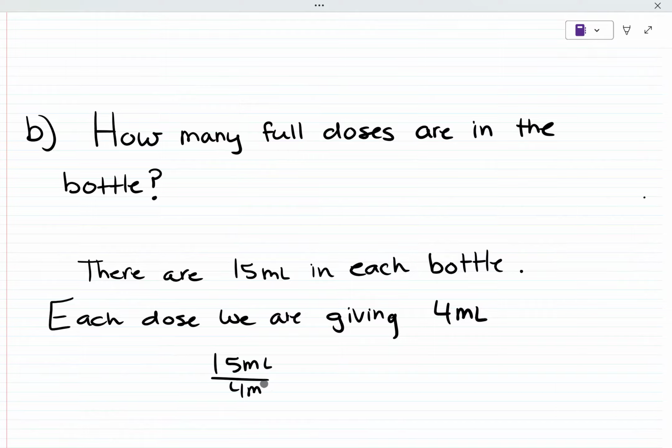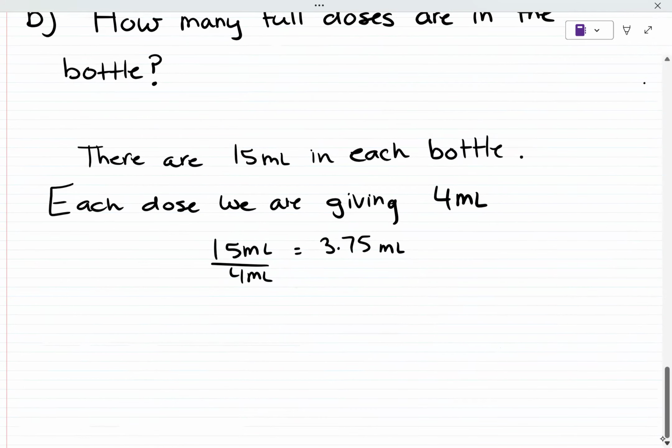So that's 15 milliliters divided by 4 milliliters, which is 3.75. But we cannot give 3.75 doses.